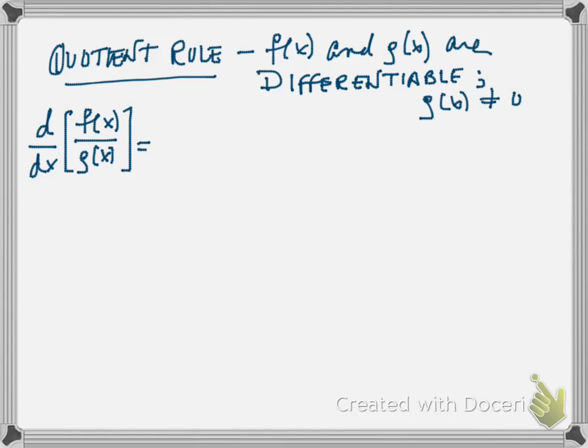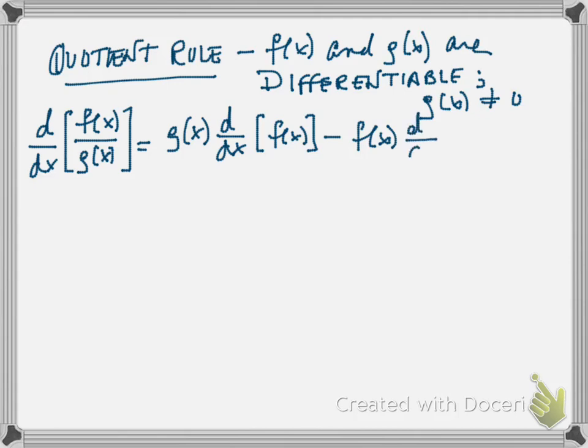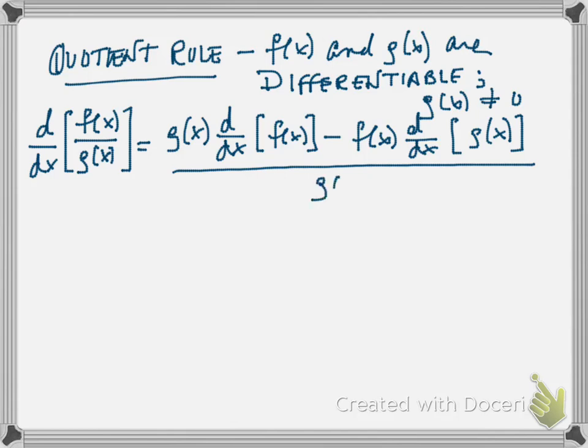The rule reads this way. We have the denominator, which is g of x, times the derivative of the numerator, which is f of x, minus the numerator times the derivative of the denominator, all divided by the denominator squared.